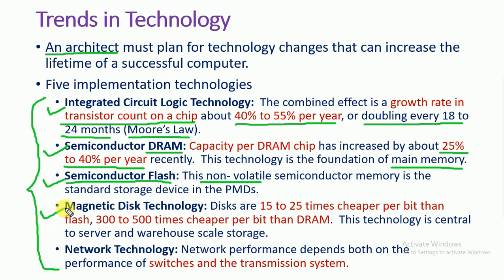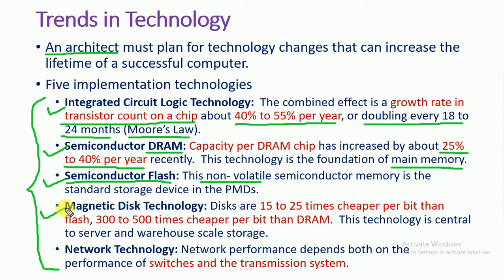Then comes another category of memory, called magnetic disk technology, disks like CDs. That is another memory usage, usually used for huge storage, because we cannot use flash memory or dynamic RAM for huge data storage, as the capacity is less for those two.